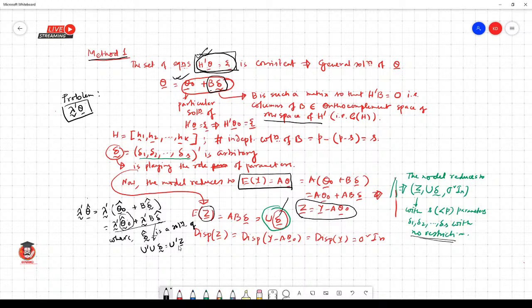Okay, so therefore lambda curl prime theta curl is estimable.